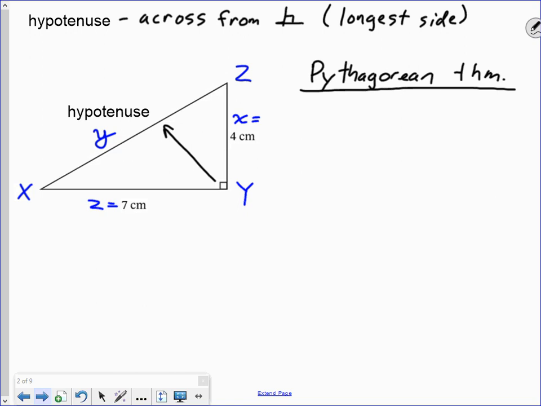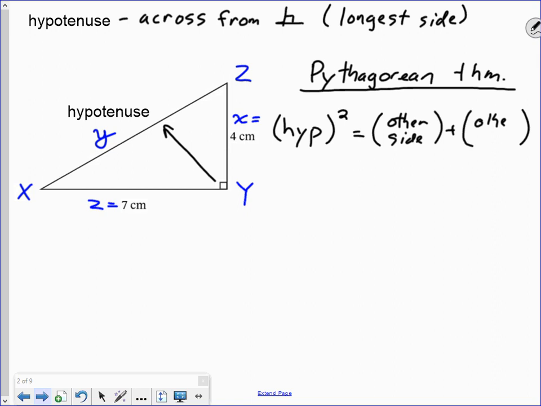In the Pythagorean theorem, the hypotenuse squared is equal to the sum of the other two sides, so we'll have the other side and the other side, and both of these are squared.